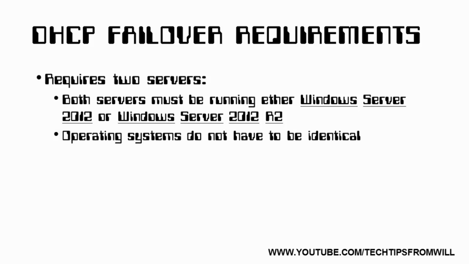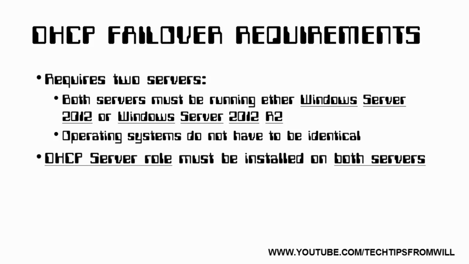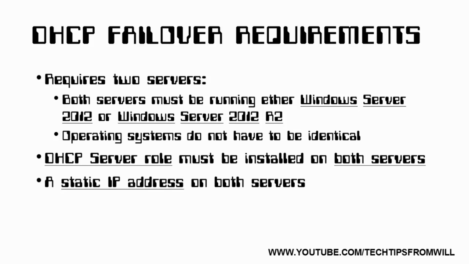You could, for instance, have one server running Windows Server 2012 and the other Windows Server 2012 R2. However, Microsoft does recommend that you match the operating systems if possible. Next, both servers will require the DHCP server role to be installed. Furthermore, both servers will require a static IP address.